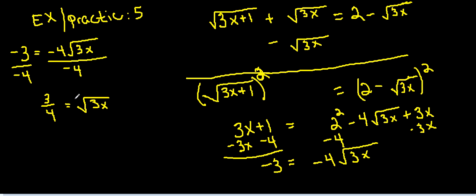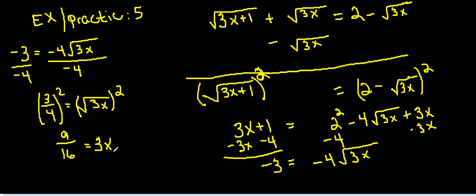And now how about we square both sides? I'll square this one and square this one, the whole thing. So this breaks down to be 3x that equals, let's see, that's 9 over 16, right? So that's 9 over 16.